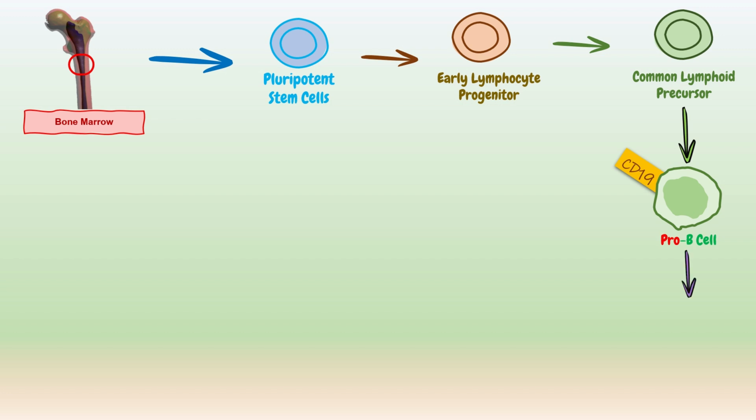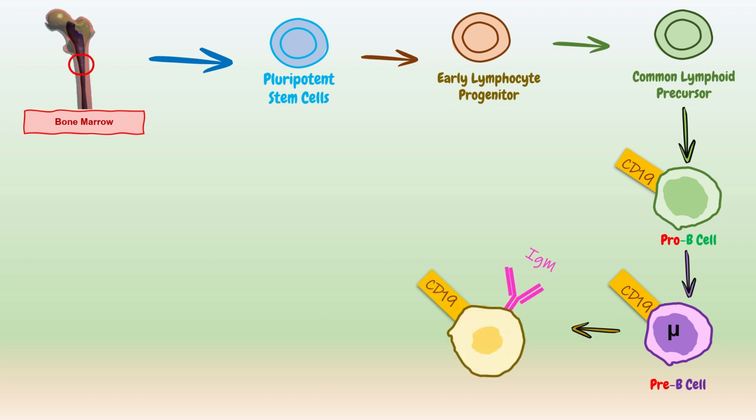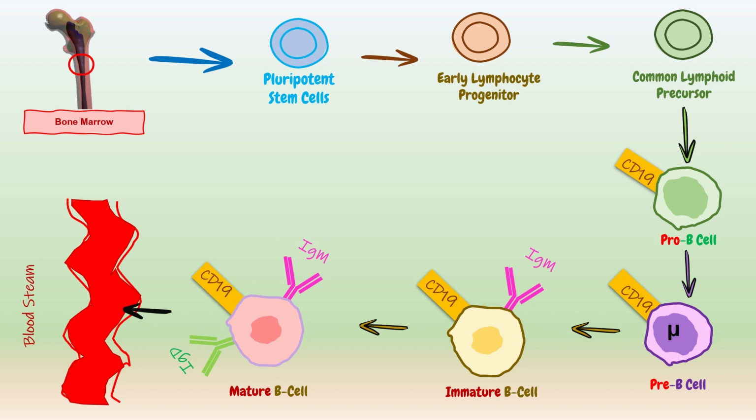The cell then expresses the IgM heavy chain in its cytoplasm and is known as pre-B cell. The next stage is called an Immature-B cell, which expresses immunoglobulin M on its cell surface. Finally, the cell becomes a mature B cell, expressing both immunoglobulin M and immunoglobulin D on its surface.